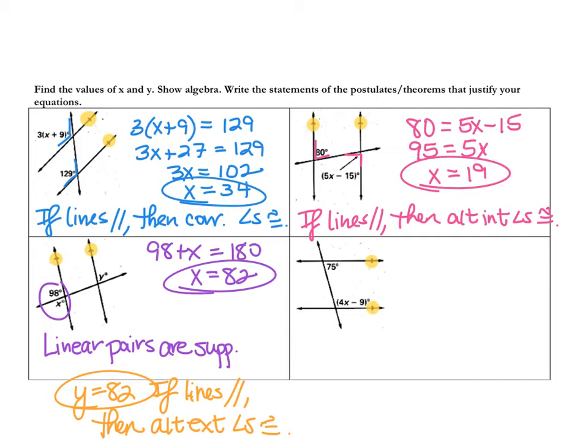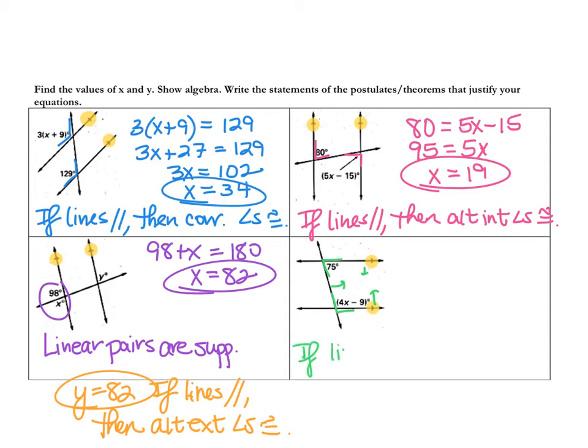Okay, and then lastly, in this group, how are these angles related to each other? Well, they're between the two lines and they're on the same side of the transversal. So those are consecutive interior or same side interior.